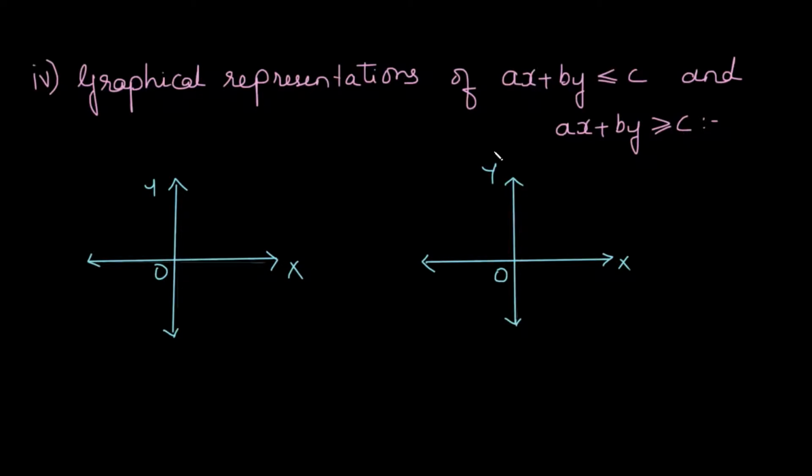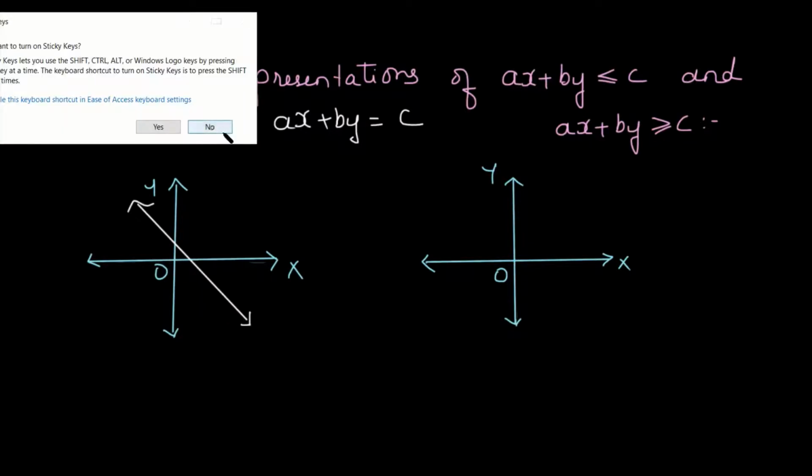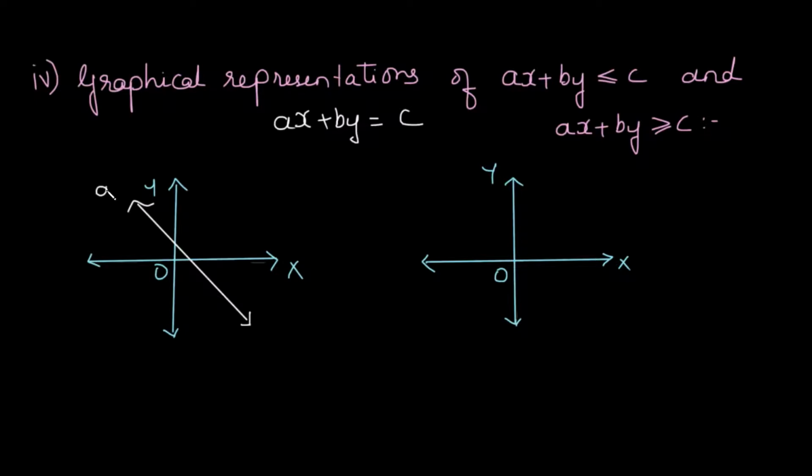In this case, again we write the equation ax plus by is equal to c. We find suitable points with respect to this equation, and then we draw the corresponding line which has the equation ax plus by is equal to c.